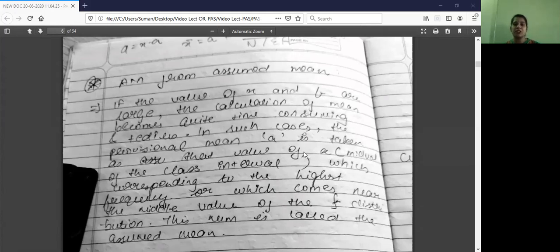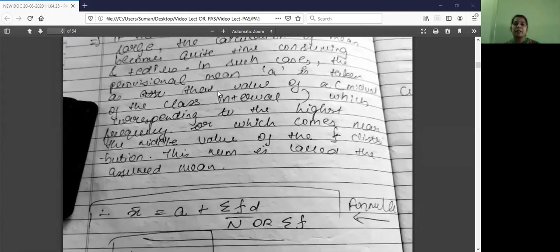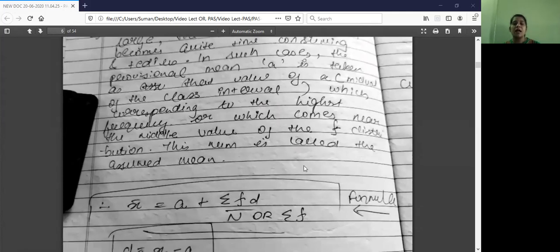In such cases, the assumed mean A is taken from the table as the mid value of the class interval corresponding to the highest frequency, which comes near the middle of the f. Okay, this number is called the assumed mean.